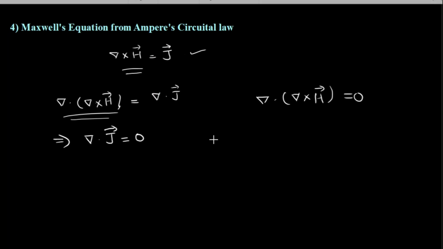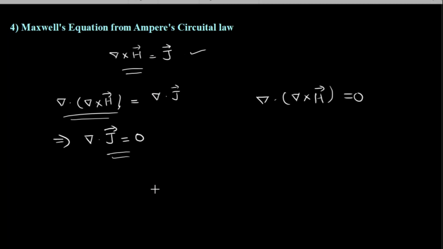But here I am getting del dot J equal to 0. Why am I interested in this? Is del dot J 0? Have we not seen what del dot J is already? That is divergence of current density. What do you mean by divergence of current density? It is something like current vectors leaving some surface, right?